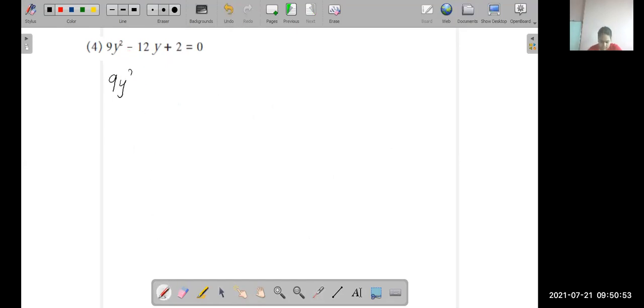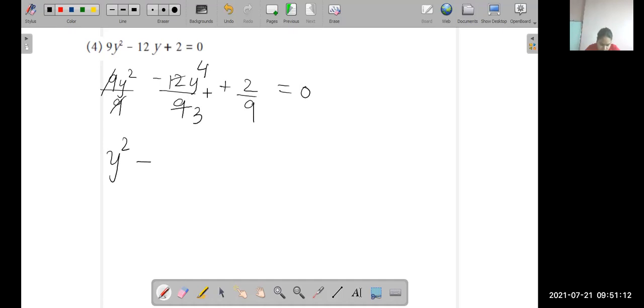So you'll have 9y squared divided by 9 minus 12y upon 9 plus 2 upon 9 equal to 0. So here this cancelled off. You have y squared minus, this we can reduce by 3. 3 3s are 9, 3 4s are 12. So we have 4 upon 3y plus this 2 upon 9, keep it as it is.